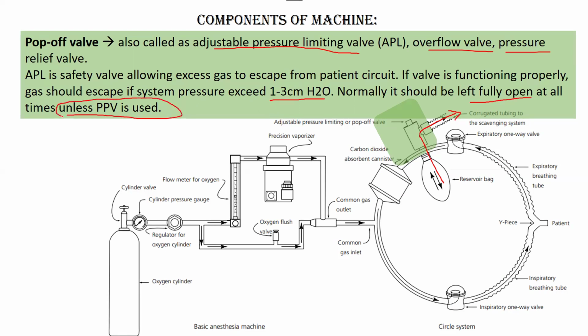Basically, you should know that normally this valve remains open because the animal is continuously breathing during surgery, and the pressure will definitely increase, and the excess gas keeps on going outside the circuit. But there are very few times when the pop-off valve is closed.